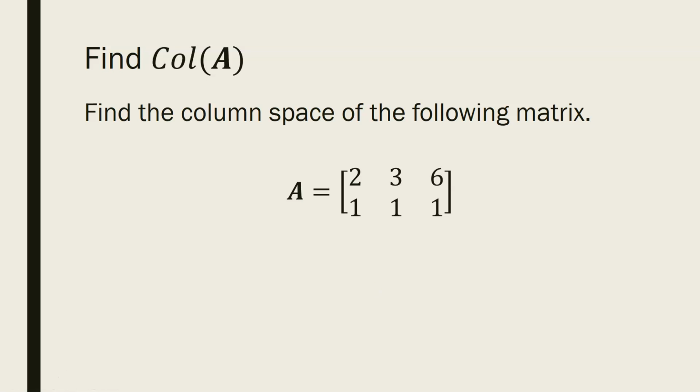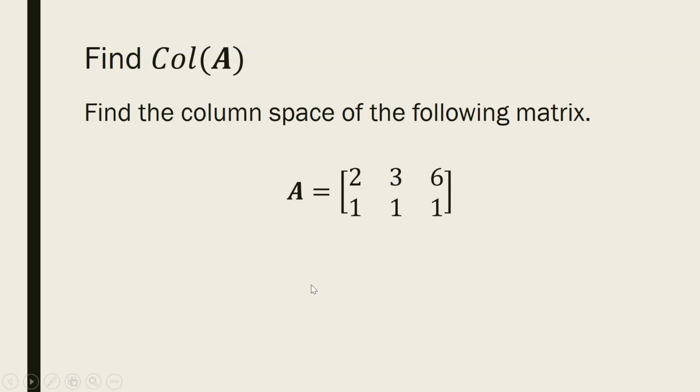But what we do see when we row reduce, because we've already done this, is that you end up with two pivot columns. And this third column can be written as a linear combination of these two.